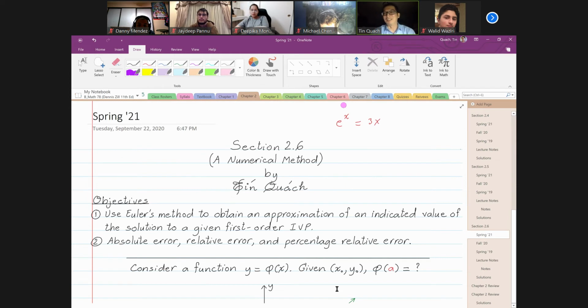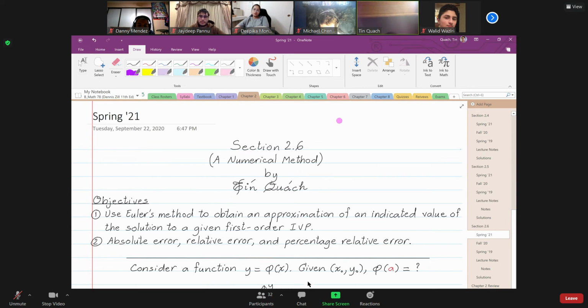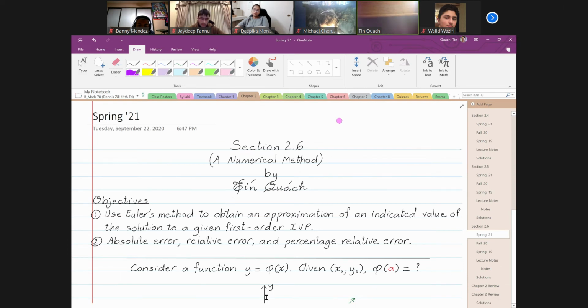It doesn't work. So that's what this section is all about. In this section, we're going to learn how to solve by using a numerical method, and this is the easiest method involving differential equations.